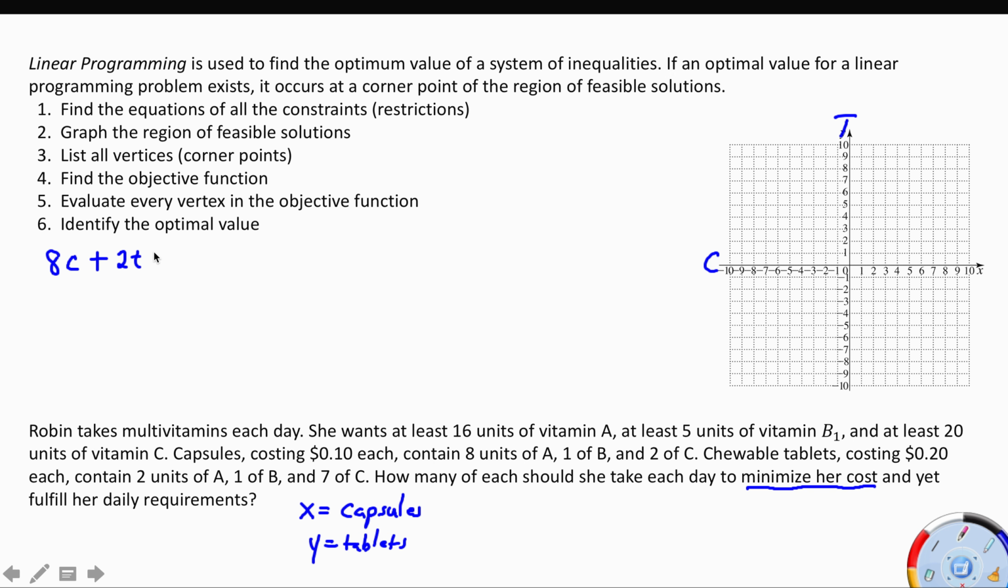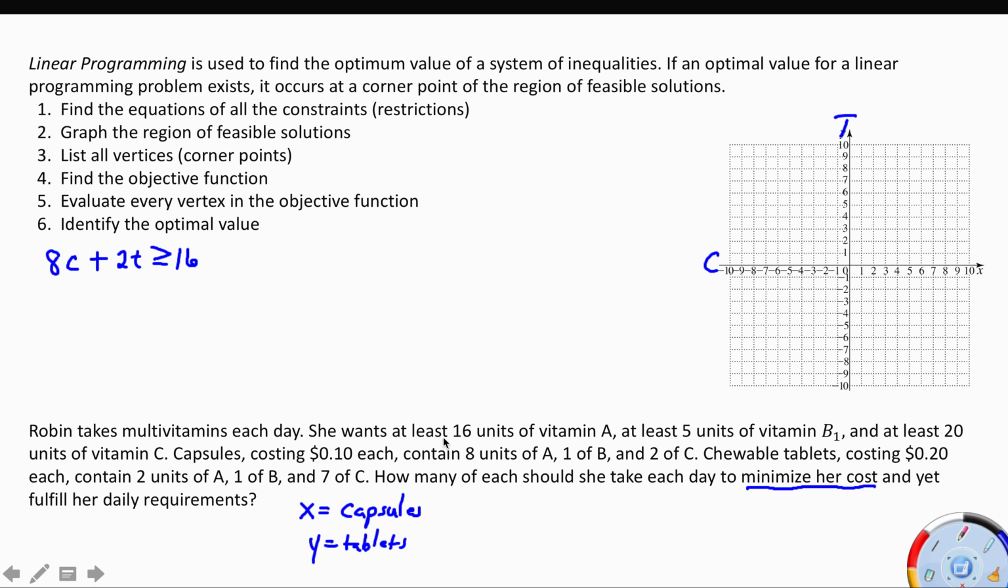So at the minimum, 16. This has to be greater than or equal to 16. It could be more, but minimal 16. There's one constraint.